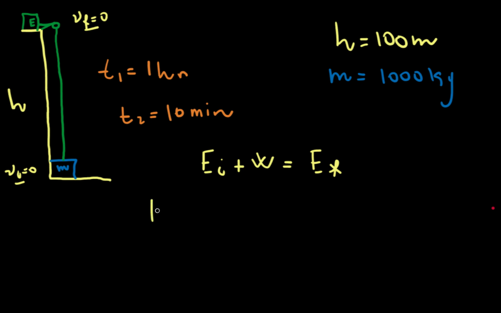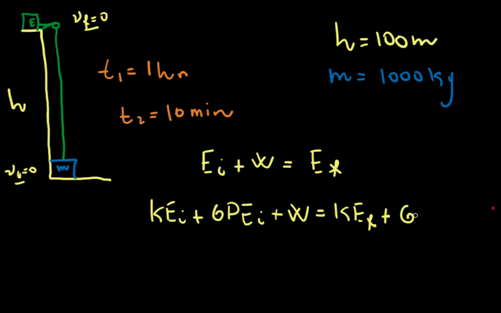So kinetic energy plus gravitational potential energy plus work equals kinetic energy final plus gravitational potential energy final.